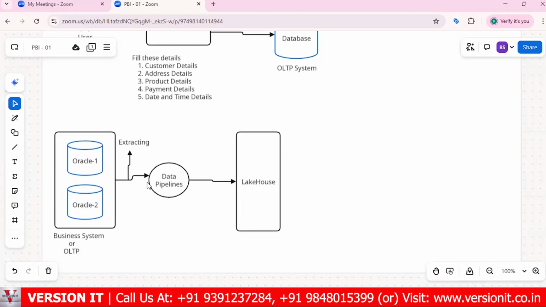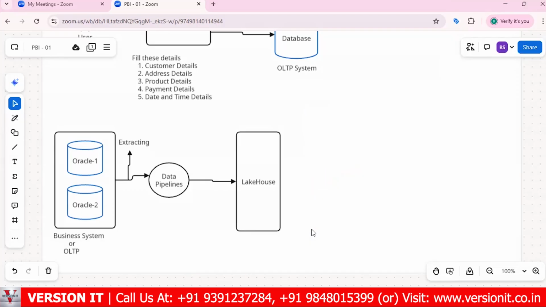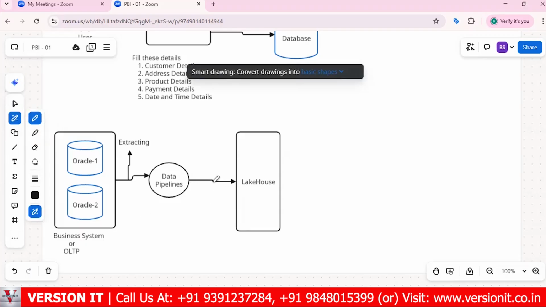And we are not doing any transformation by using data pipelines. By using data pipelines, 99% of the time we are not going to do data transformation. We are going to do data ingestion. Once you have extracted the data, I'm going to feed the data into the target.